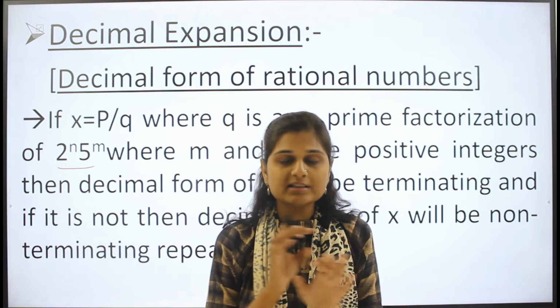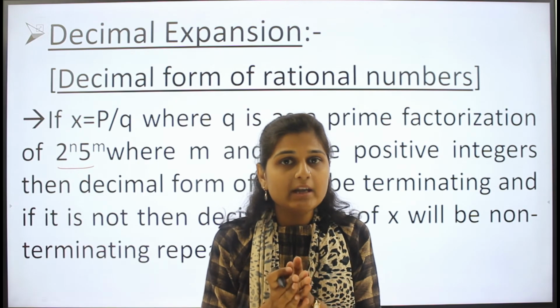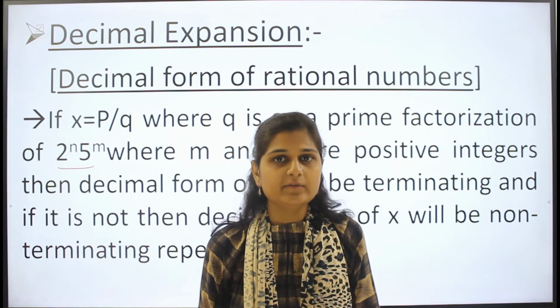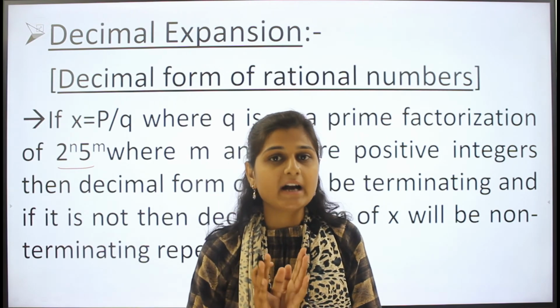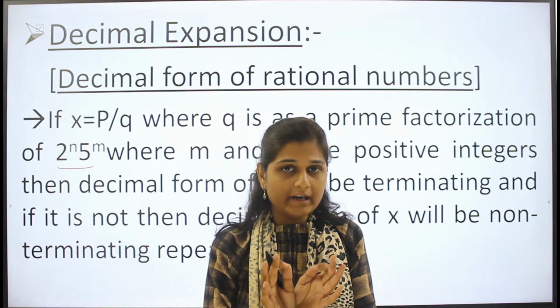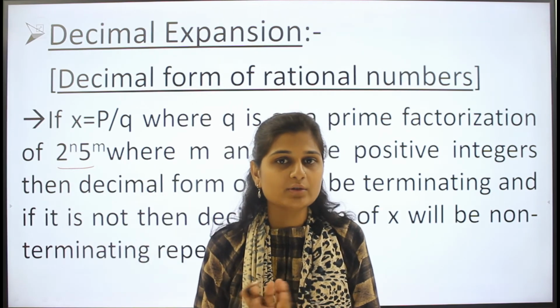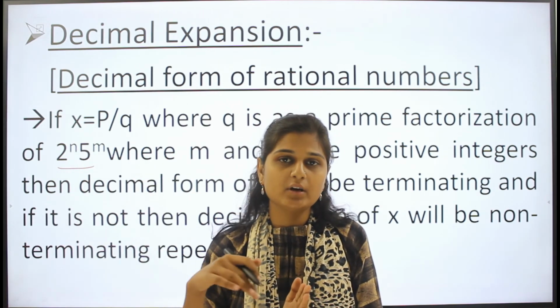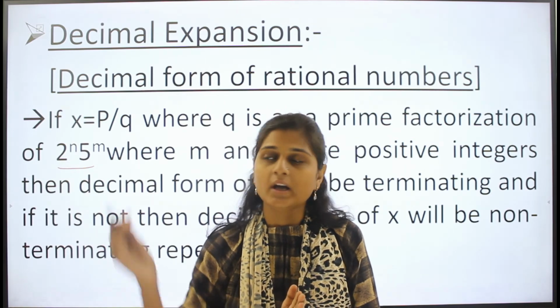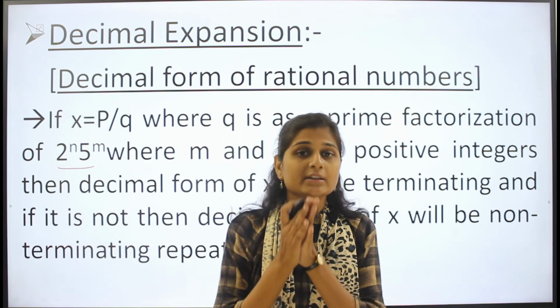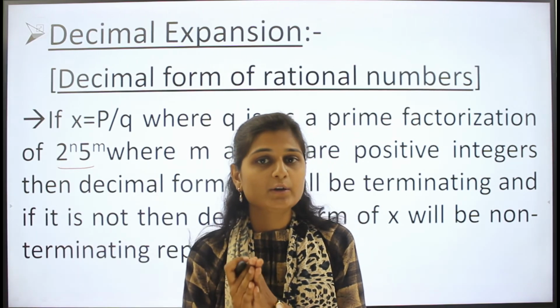Okay, in simple language, any value which is given in a p by q form, wherever q is not equal to 0. Now you know why q is not equal to 0, because if it is 0, then you will get the answer as infinity.